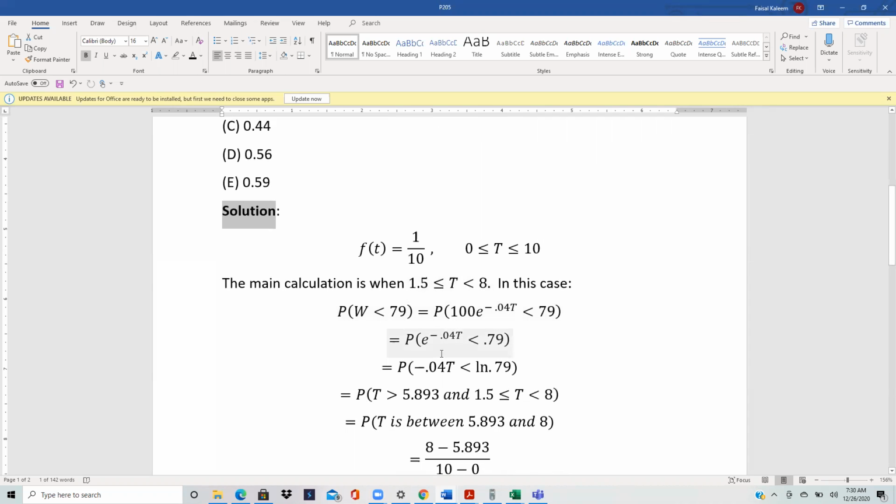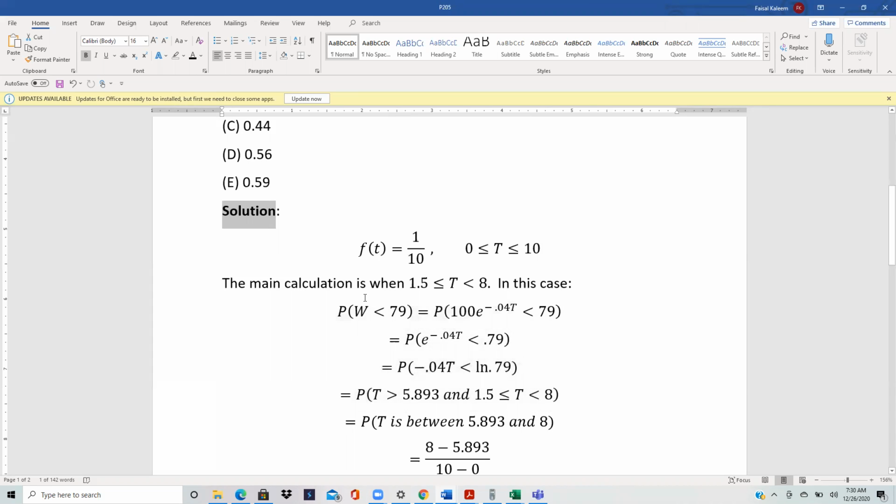So 100 e to the negative 0.04T is less than 79. Divide by 100 and then take ln of both sides. And then when we divide by negative 0.04 on both sides, the inequality will get reversed because we are dividing by a negative number. So this one comes out to be T greater than 5.893.